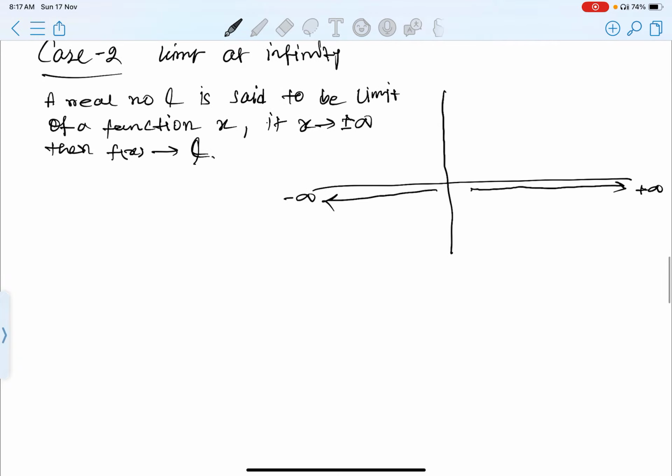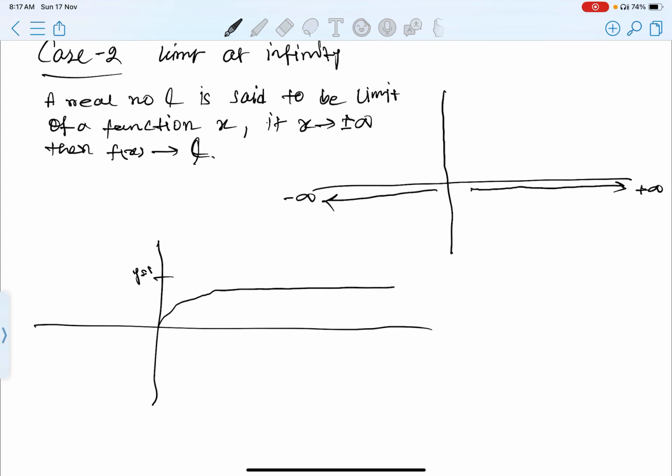Okay, just take an example. If I draw this graph, just try to observe. Assume this is y equal to 1, and assume this function goes closer to 1. What is the limit for this function as x tends to infinity?